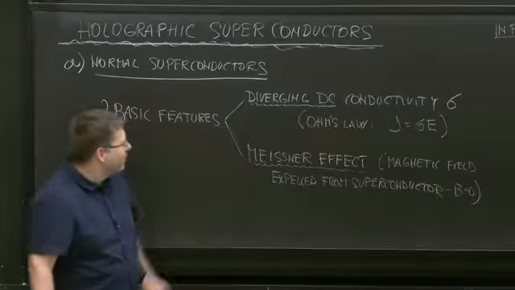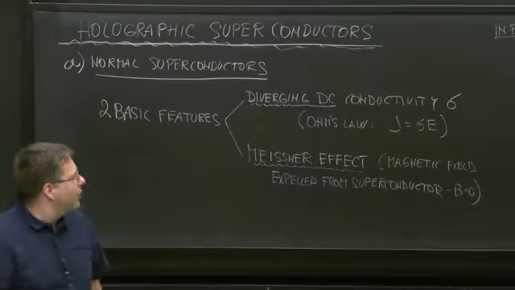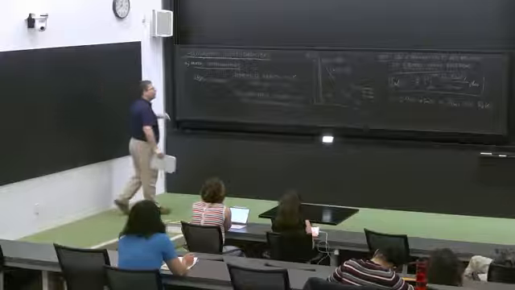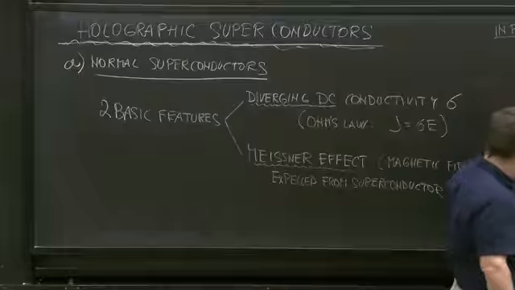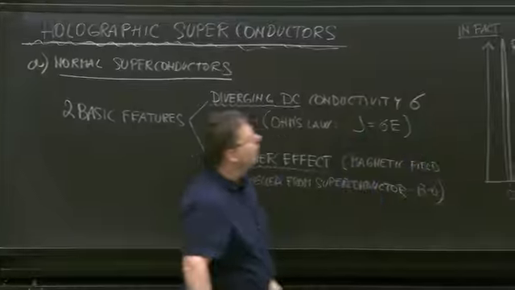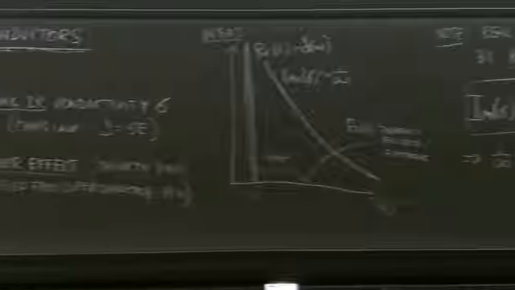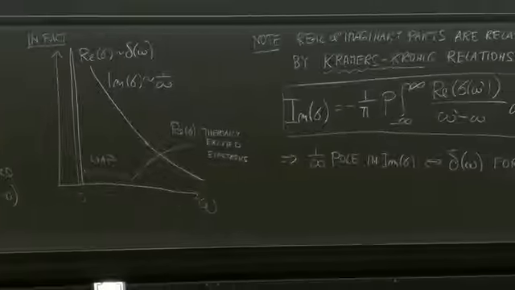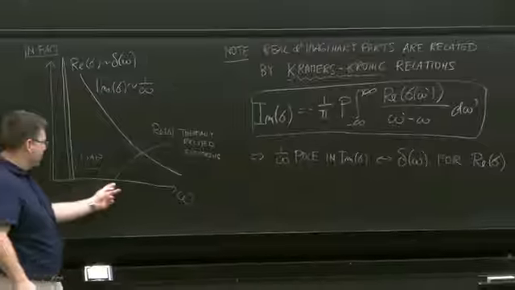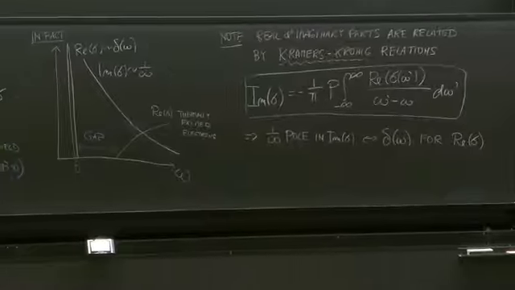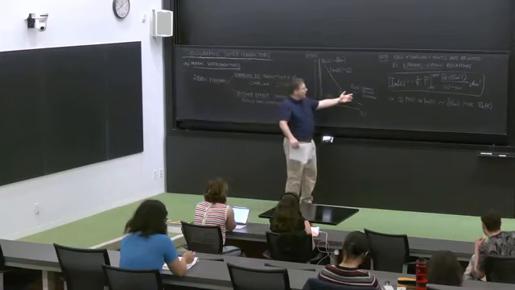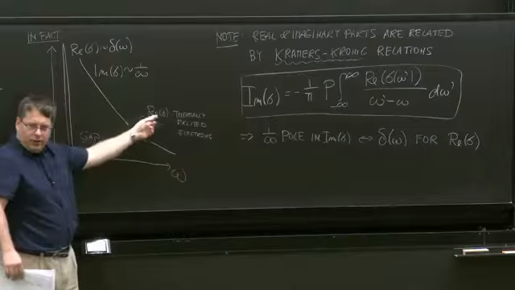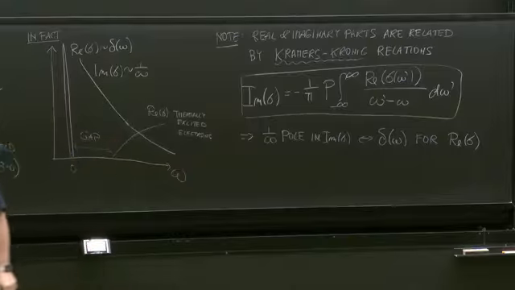Very cool feature. Now if you look more precisely at what's happening with this conductivity, at zero frequency you have an infinite conductivity. Then if you move away from omega equal to zero, there is basically zero conductivity, the real part, until you increase the frequency so much that there can be some thermally excited electrons, and then the real part of the conductivity starts increasing again.